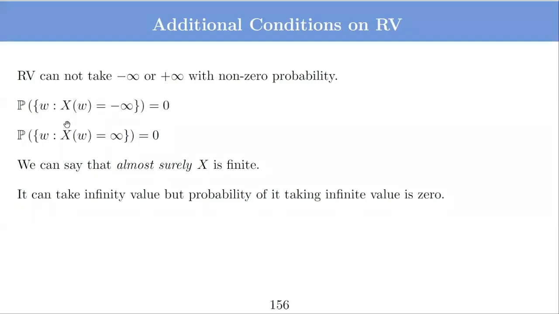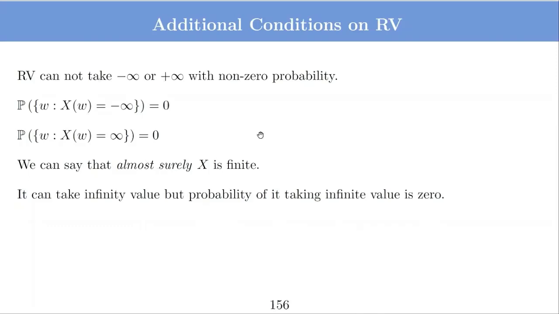Okay, so I'm not saying X(omega) cannot take value ∞ or -∞. It can become ∞ and -∞, but it takes those values with 0 probability. It cannot take ∞ or -∞ values with non-zero probability. So this we say almost surely, right?